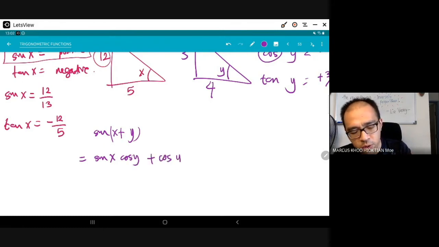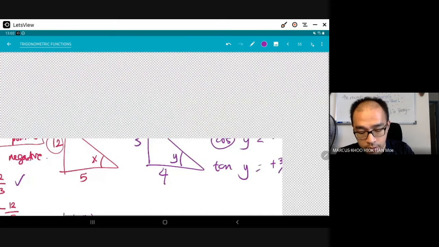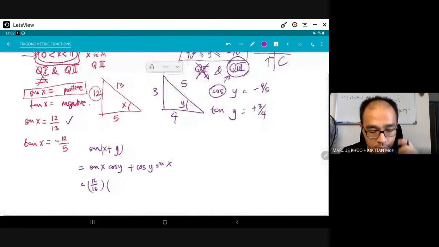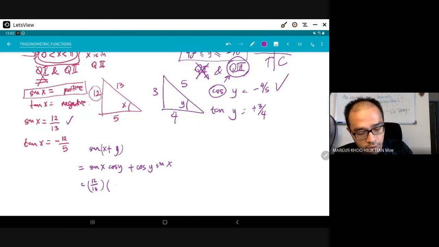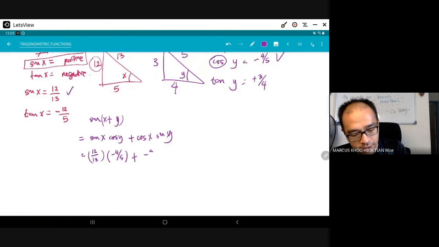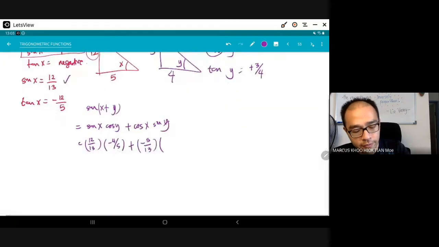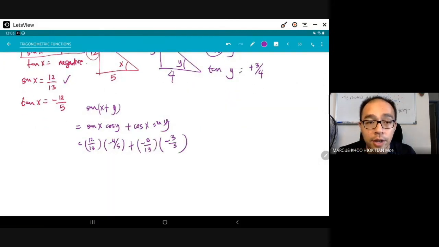So we have sin x, 12 over 13, times cos y, negative 4 over 5, plus cos x, negative 5 over 13, times sin y, negative 3 over 5. After this is just simple calculation.